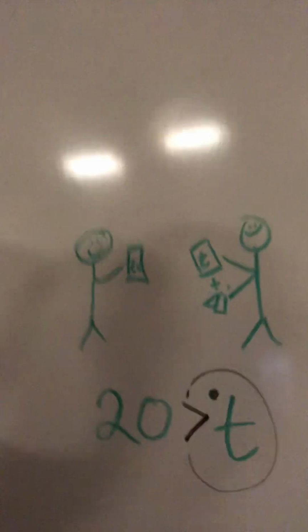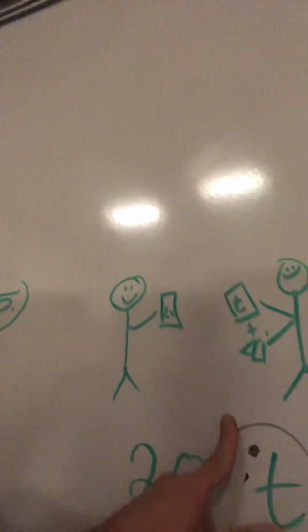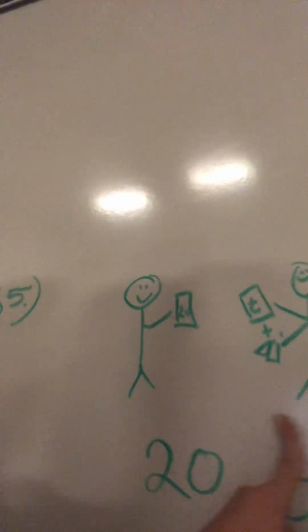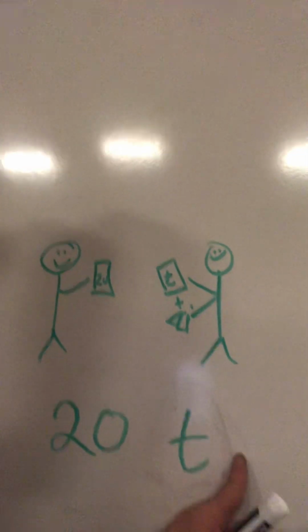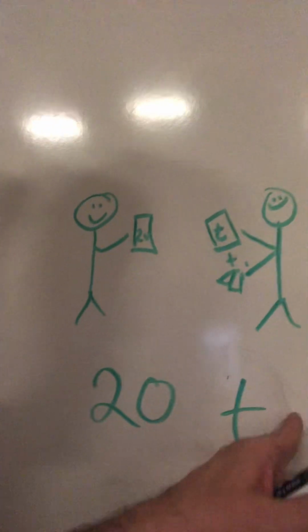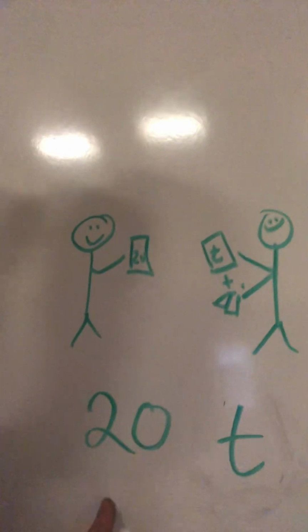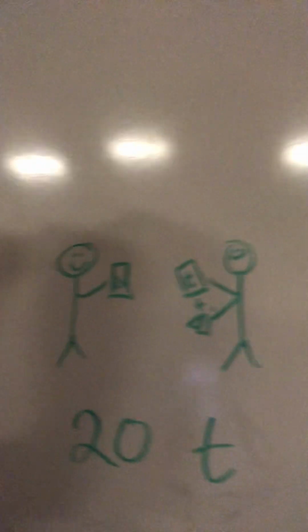All right. So I wrote down my equation. What is 20 compared to T? Well, we know that T, the ticket, was less, because T plus change was equal to the twenty. Take away the change, now that side's less.